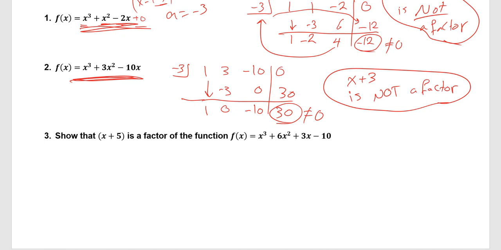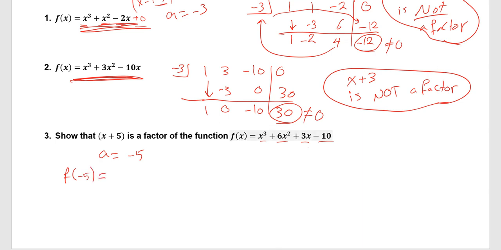Next exercise, show that x plus 5 is a factor of the function f of x equals x cubed plus 6x squared plus 3x minus 10. Let's try the other approach of just plugging in. So here my a is equal to minus 5. All I need to do is find f of negative 5.